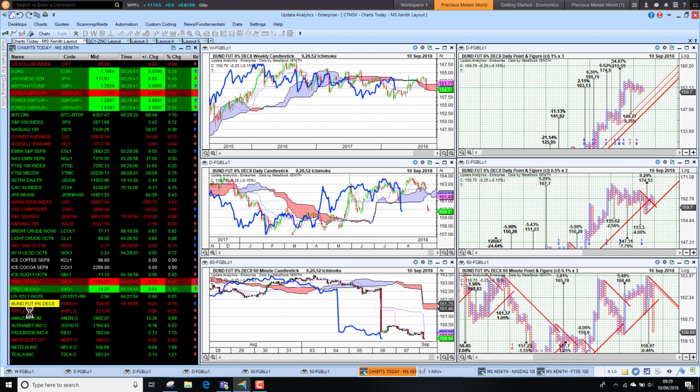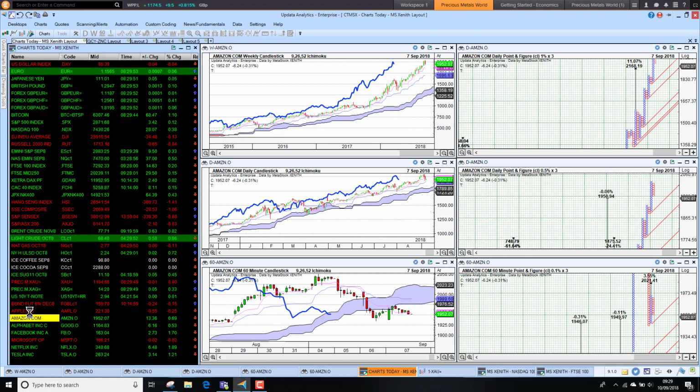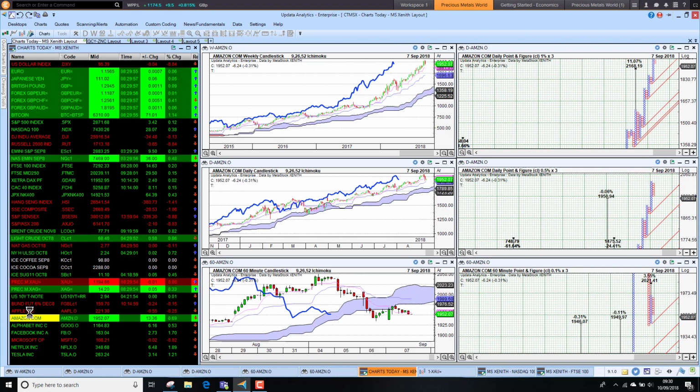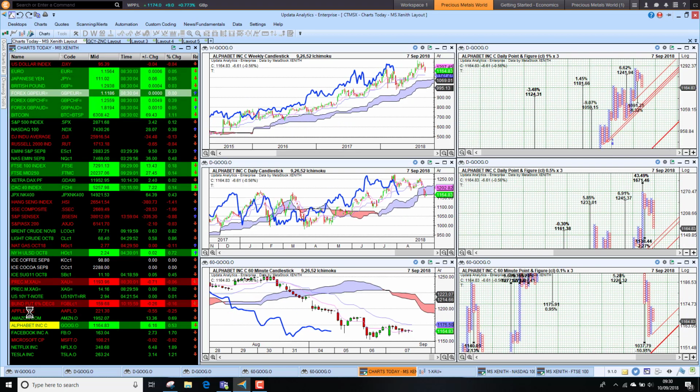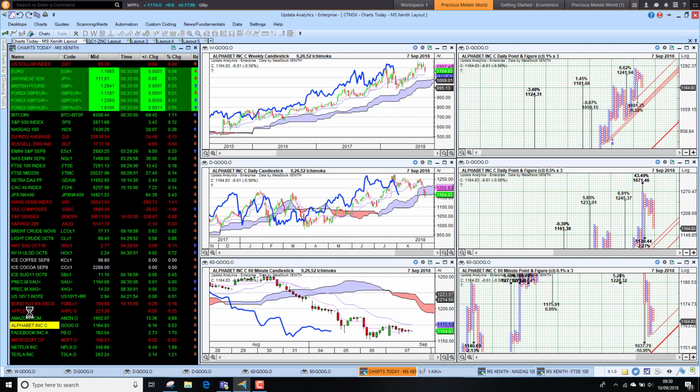Looking at Apple, down about 0.8% on Friday, so just reflecting the sell-off in tech that we saw last week. Amazon also ended the day down only 0.3%, but still looking vulnerable on the cloud there. Google looking very weak by comparison, bearish below the cloud, down 0.6%.